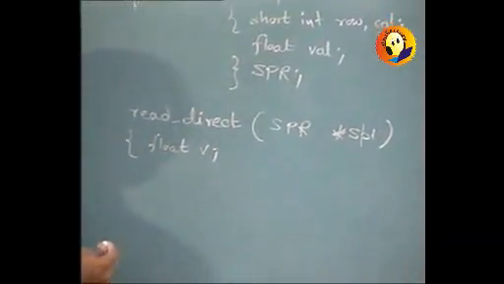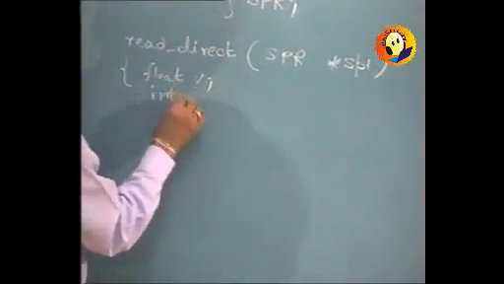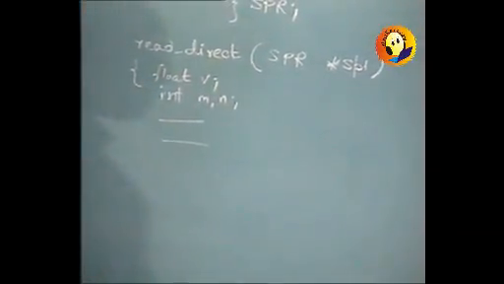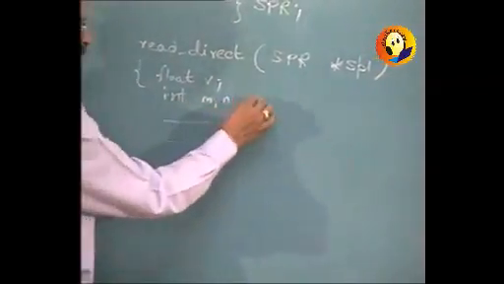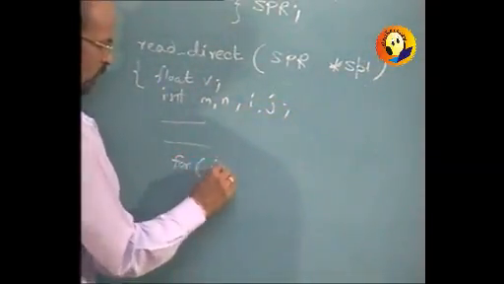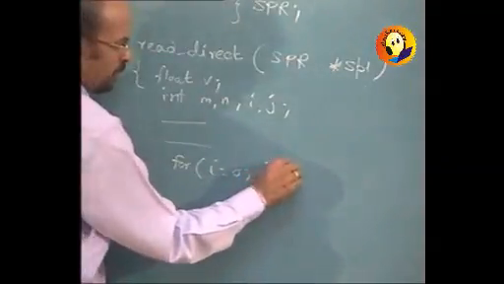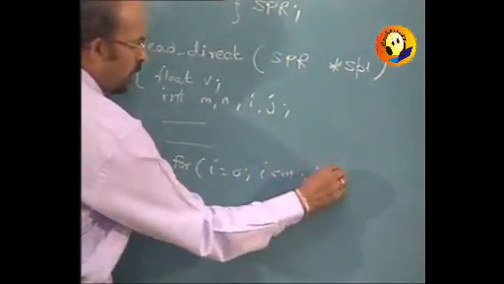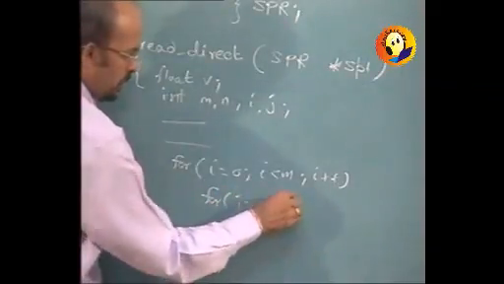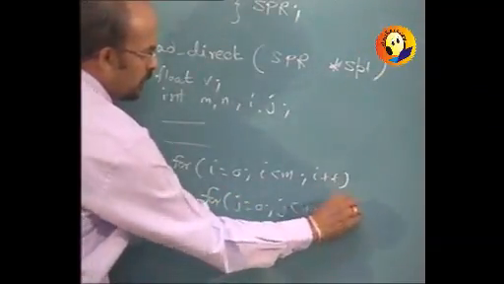In read direct we used to ask m and n initially. So those two, printf and scanf. M, n, I, j were also there in it. It was the standard thing: for I equal to 0, I less than m. Refer back to the earlier function. For j equal to 0, j less than n, j plus plus.